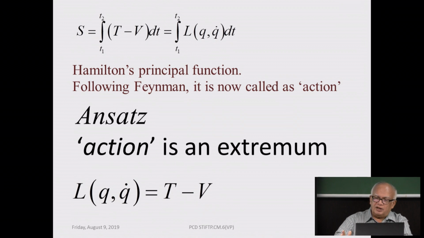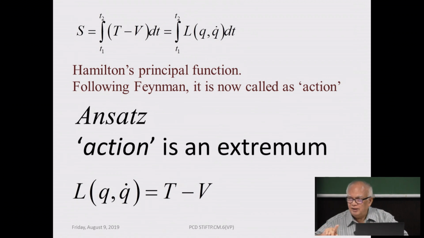And you construct this Lagrangian, and then you determine the definite integral of this Lagrangian between two times, let's say, t1 to t2.